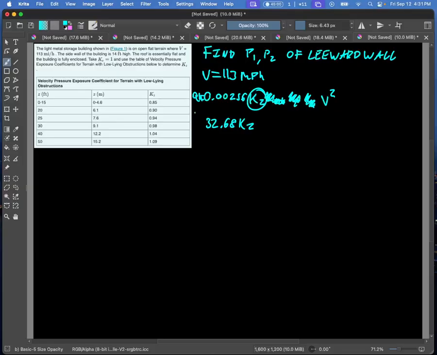So the side wall is 14 feet high. Because it's between 0 and 15, KZ is just going to be 0.85.